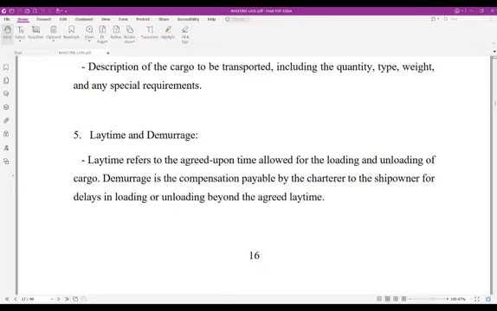I want it done 10 a.m., 9 a.m., 7 a.m., as the case may be. Demurrage is the compensation payable by the charterer to the ship owner for delays in loading or unloading beyond the agreed lay time.